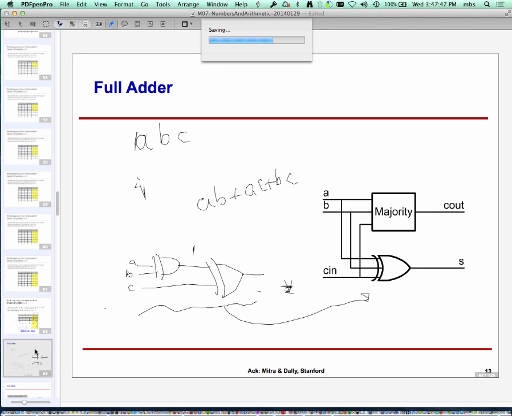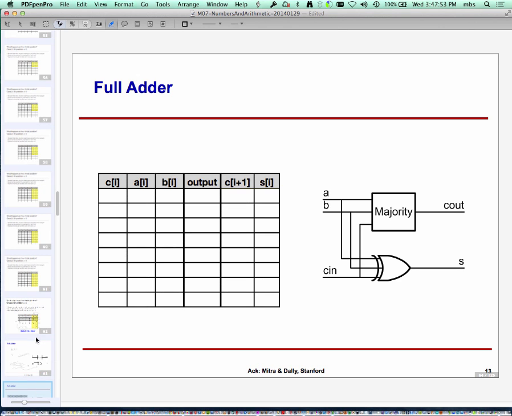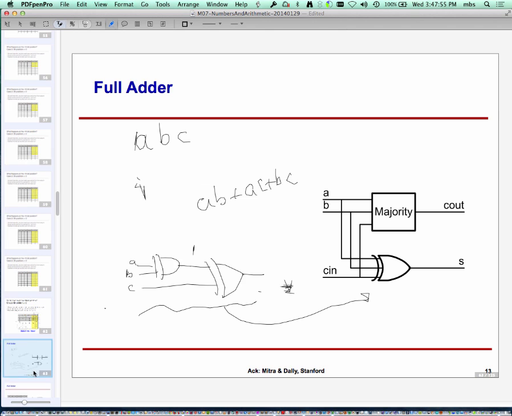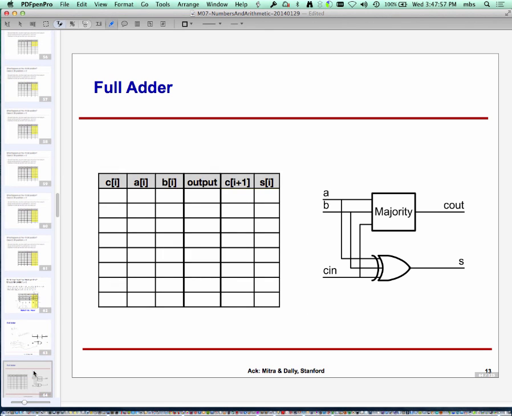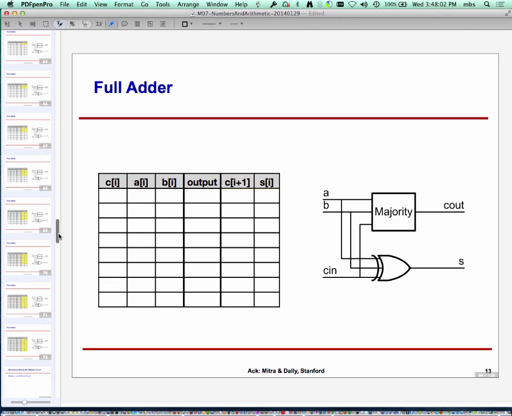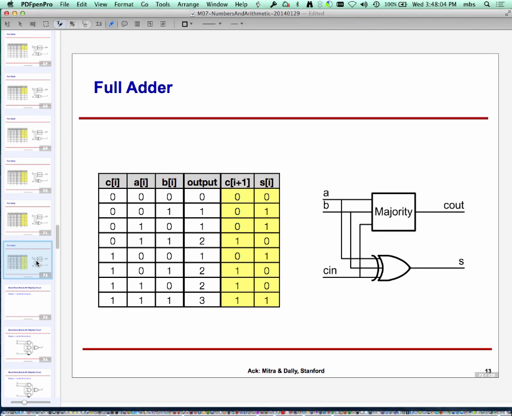So full adder, therefore, so full adder truth table, which we already saw, and the circuit which is designed.